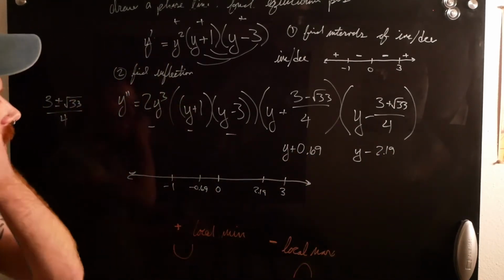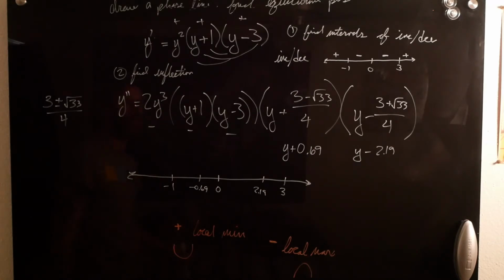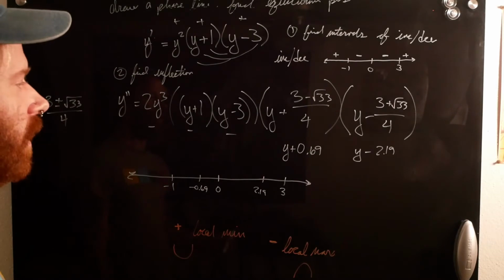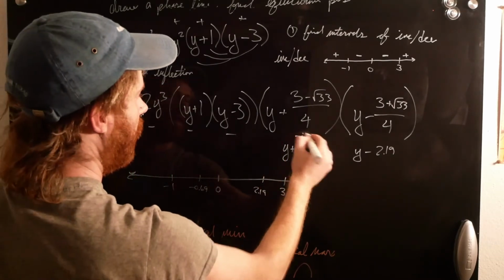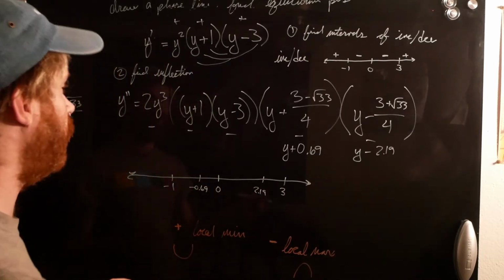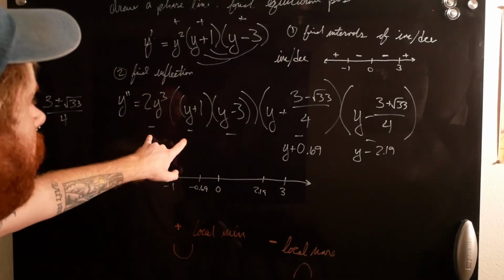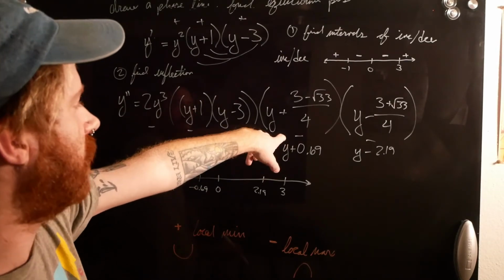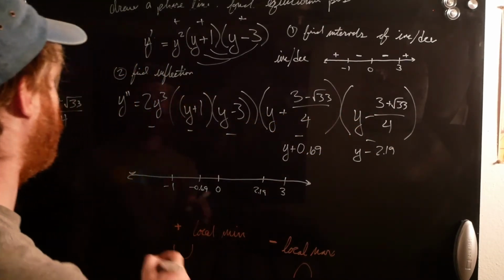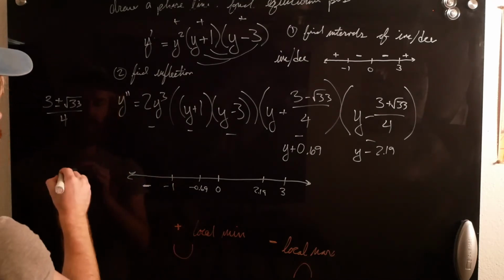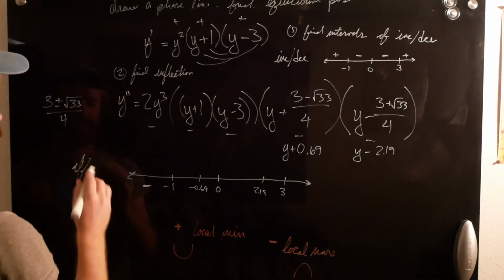I know it's not really nice to use it in pure math like this, but this helps a lot. Because we know that negative 2 plus 0.69 is still a negative, and then negative 2 minus 2.19 is still a negative. So all these are negatives. Negative multiplied by negative becomes a positive, negative multiplied by a negative becomes a positive, and then another negative. So we're going to have a negative overall for this interval.